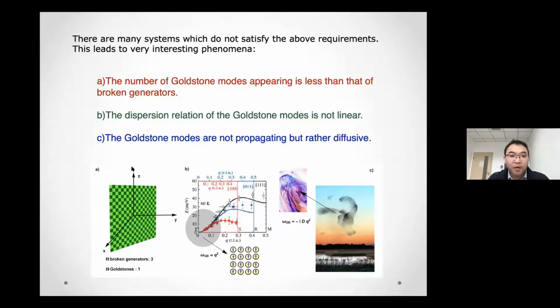For example, the number of Goldstone modes is less than that of the broken generators, the dispersion relation of the Goldstone modes is nonlinear, and the Goldstone modes are not propagating, but diffusive. So let's explain these interesting results one by one.